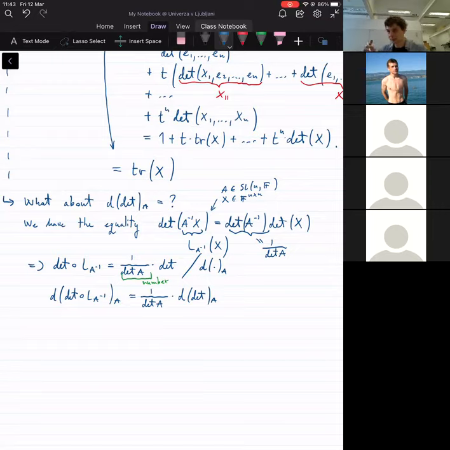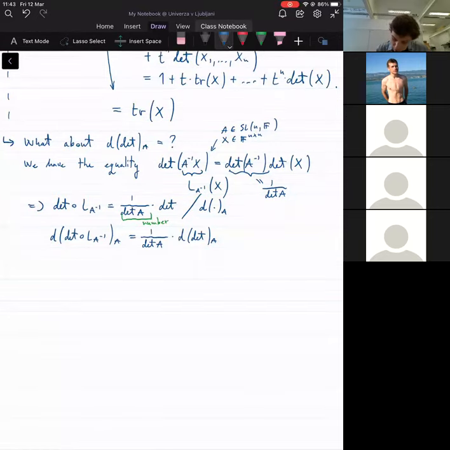On the left hand side, what am I going to get using the chain rule? What is this? Can anybody tell me? So it's the derivative of determinant at L_{A^{-1}}(A) times the derivative of the map at point A. But what is the point here of d of det?